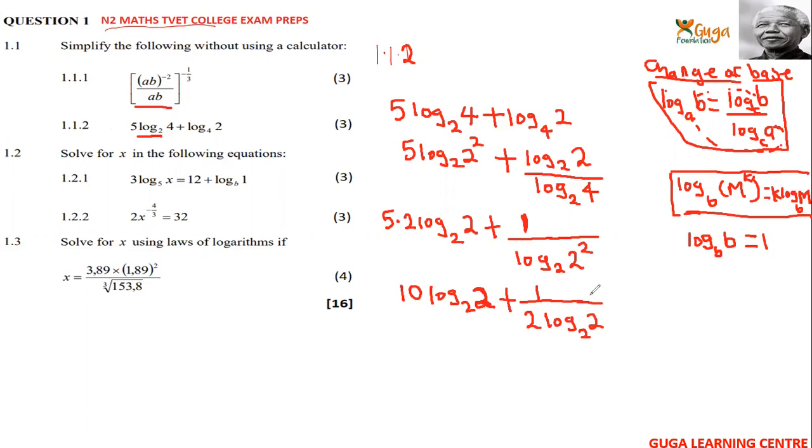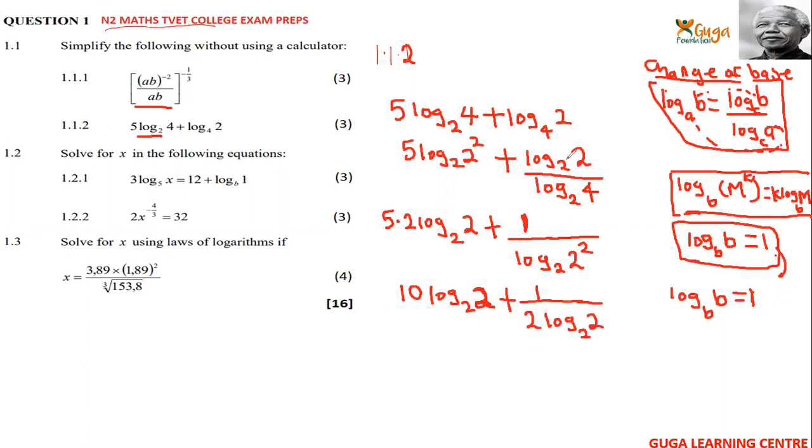So we are here. When we're here, we're still going to apply another rule. This rule is very simple, the easiest: log base b of b should equal 1.